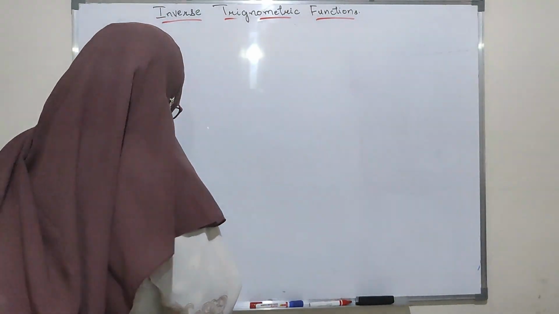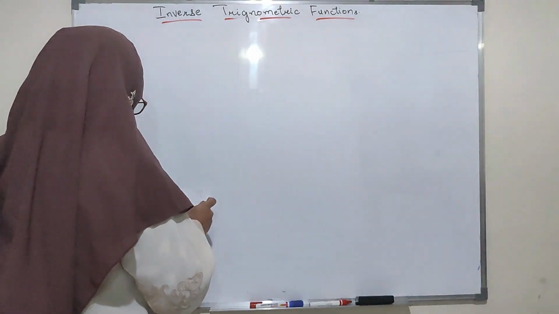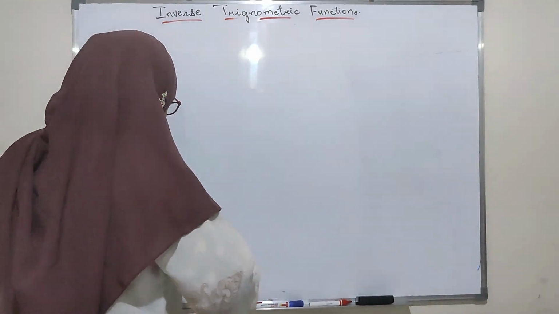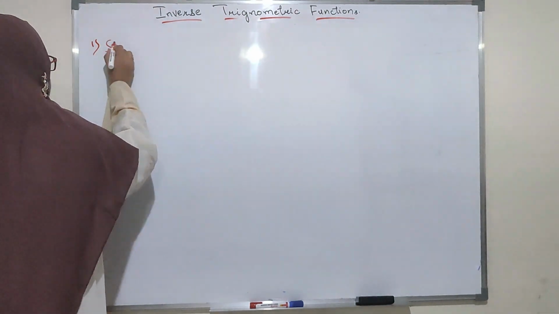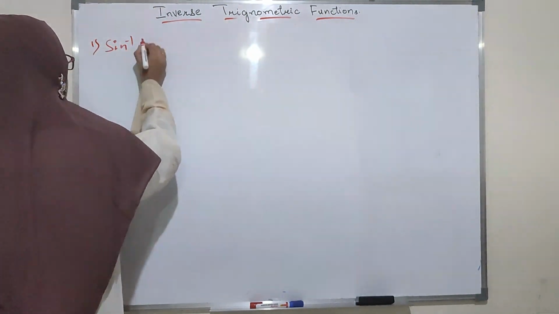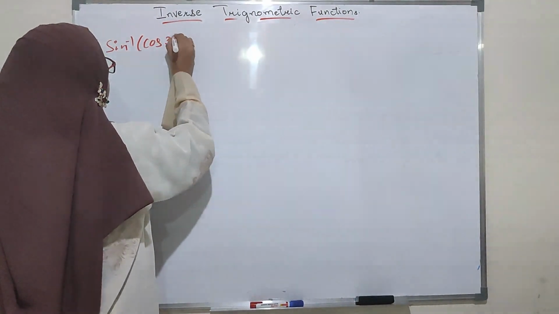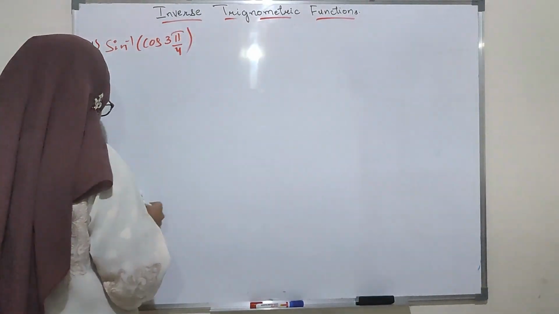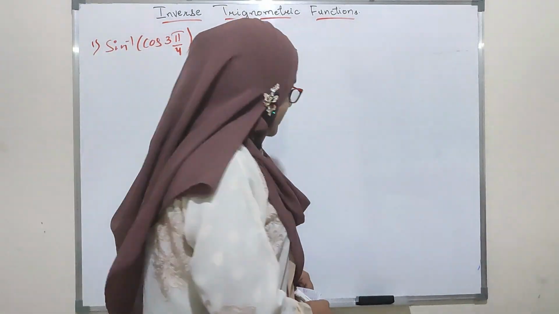Okay, write down questions. Here you are having sine inverse of cos 3 pi by 4. Sine inverse of cos 3 pi by 4.